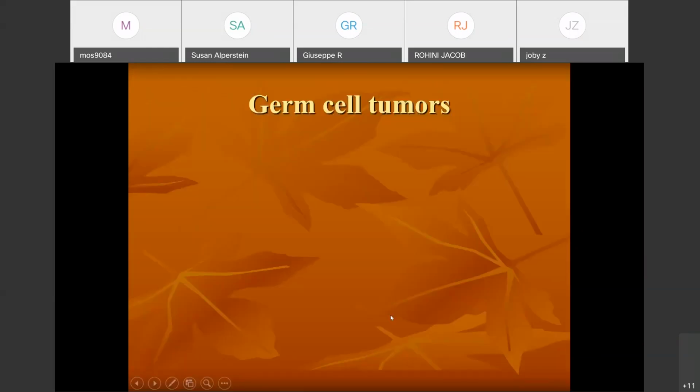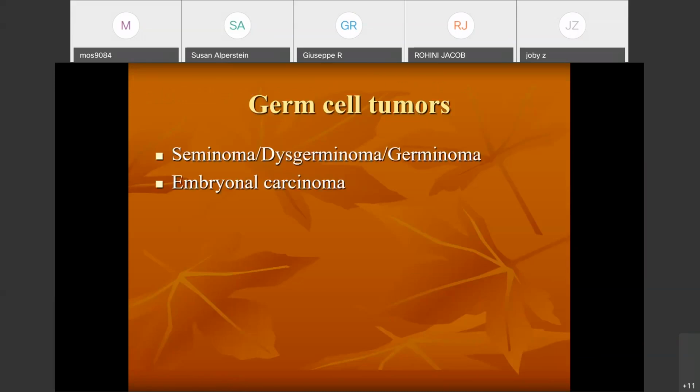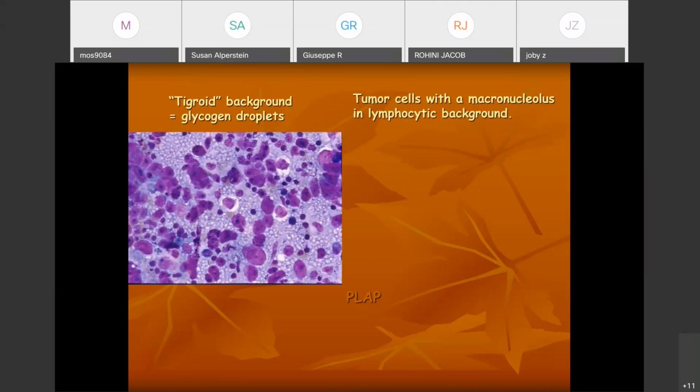So the last category is germ cell tumors. Seminoma, adenocarcinoma, yolk sac tumor. Here's a classic textbook case.